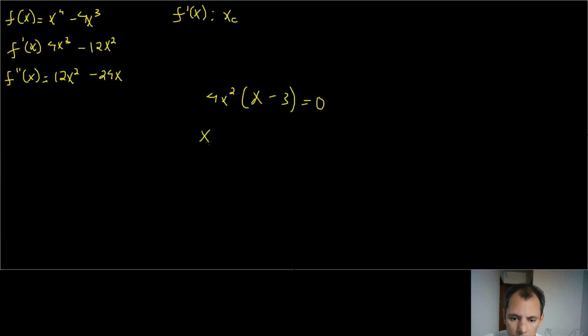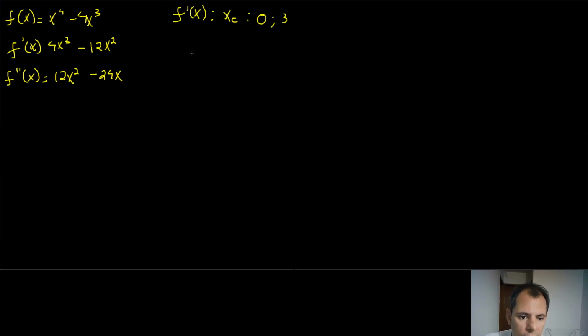So you can say that x equals 0 and x equals 3. These are critical points, I mean, when the first derivative is 0.